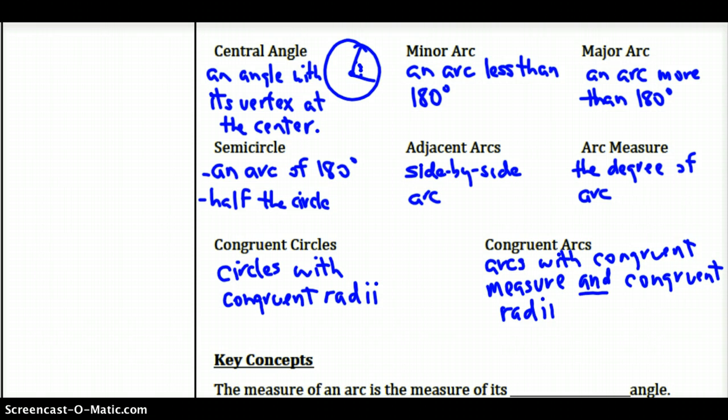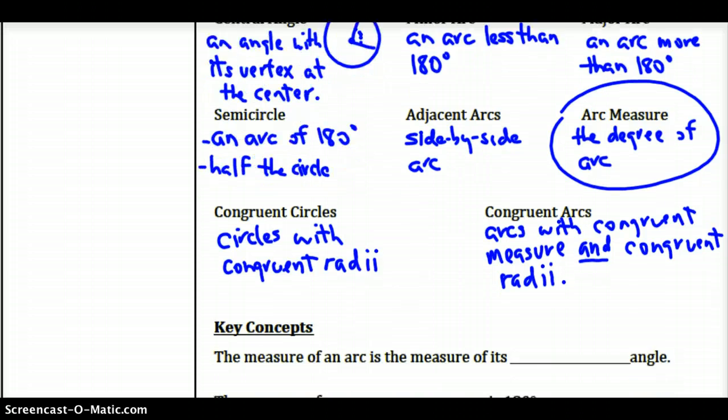So the circles for which the arcs come from have to be congruent as well. Now the arc measure part here is going to be highlighted in our theorem or key concept here.